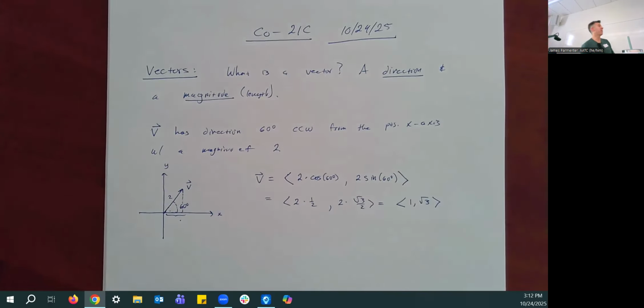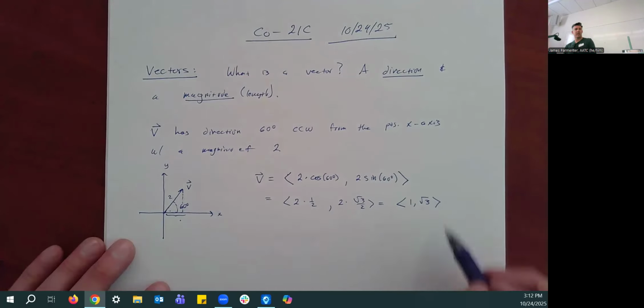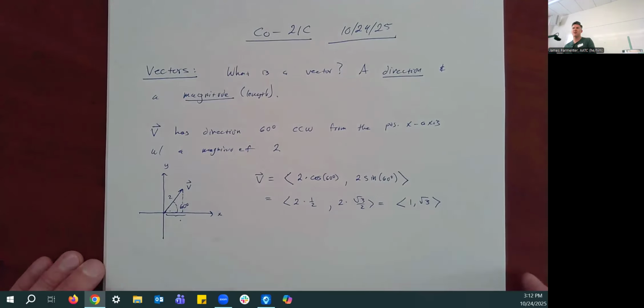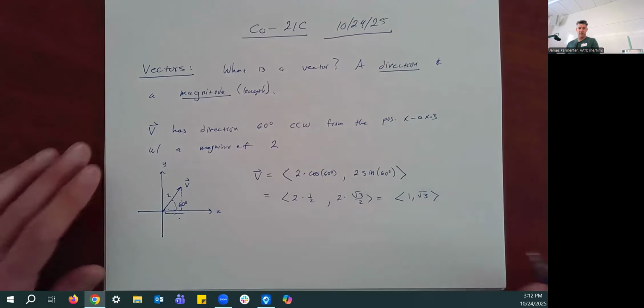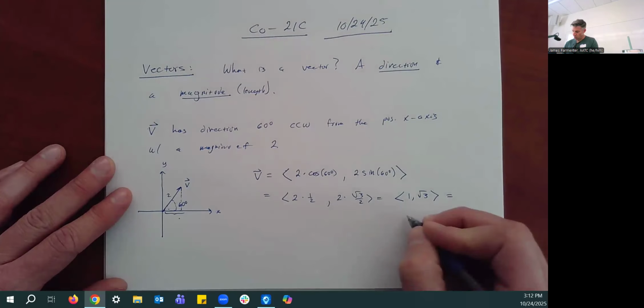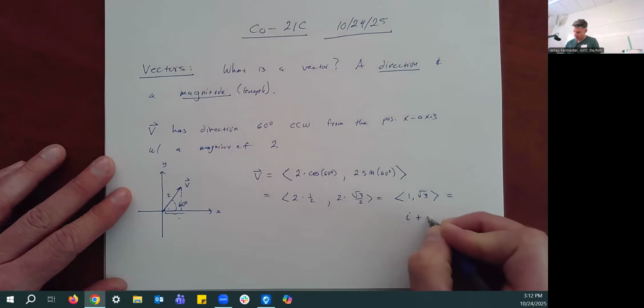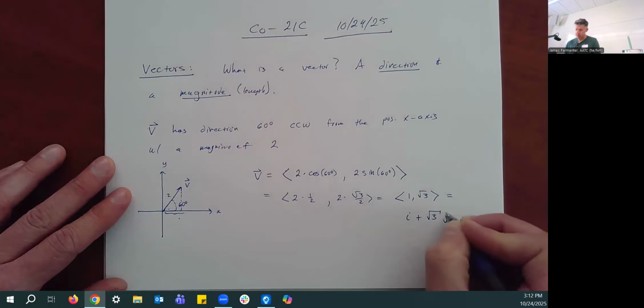And that's a perfectly fine way of writing it. But there's probably like 5 ways people like to write vectors, and nobody agrees which way is the best. I will typically default to writing it using this bracket notation. I feel like that's pretty standard. But another equally good way of writing this would be 1 times i plus the square root of 3 times j.